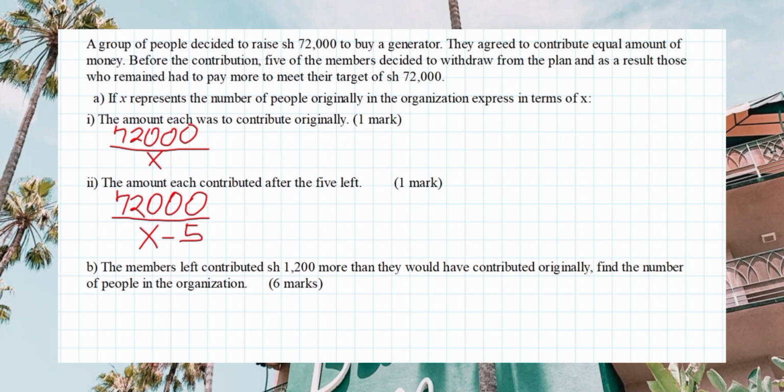Then after the members left, those remaining contributed 1,200 more than they would have contributed originally. So we want to know the number of people in the organization, in other words, we want to find the value of x.